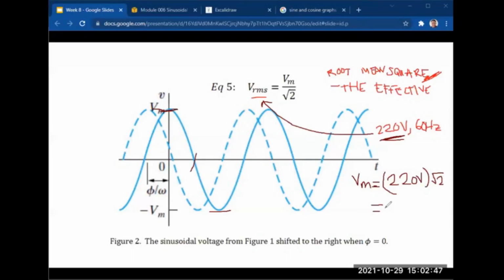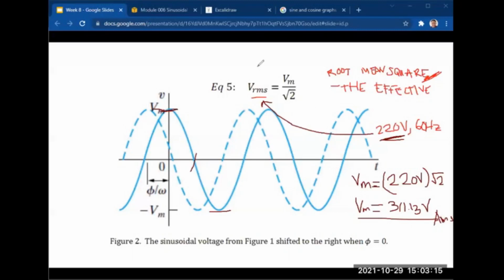This will be equal to 311.13 volts. So our household AC power is actually capable of producing 311.13 volts maximum, but again, only the effective voltage there is 220 volts.